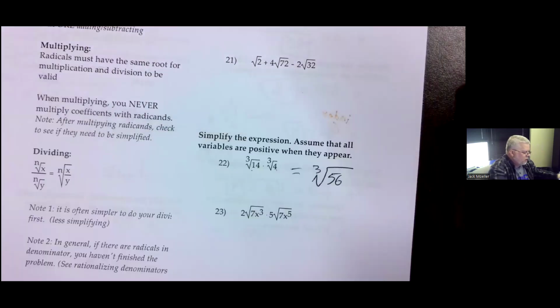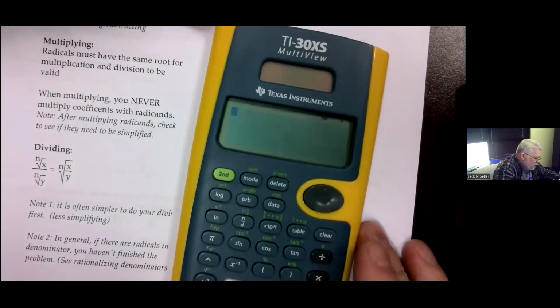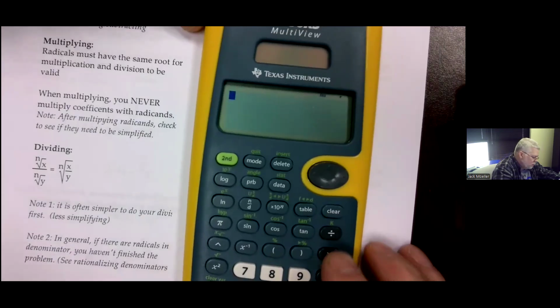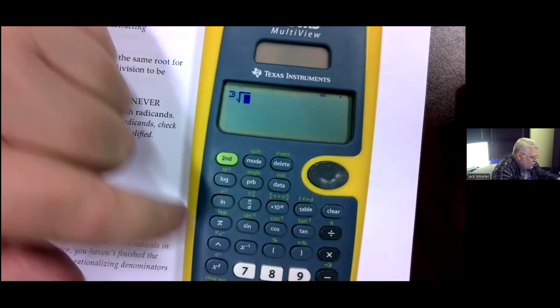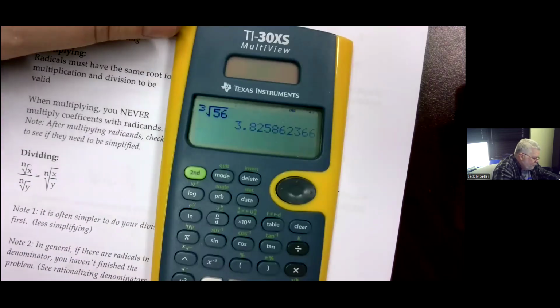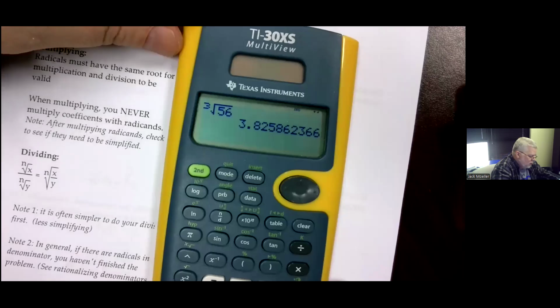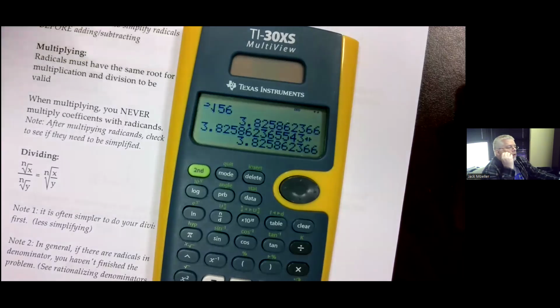Here's what you have to be careful of with calculators: they're real good with square roots, not so much cube roots. On this calculator, at least, I can do 3 first, and then that x root, that 56. Notice that gives me a decimal, and if I do the double arrow key, it gives me a decimal back. So even the scientific calculators that are radical friendly, that's for square roots only, not cube roots.